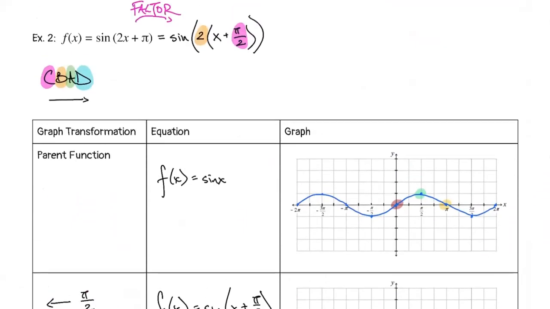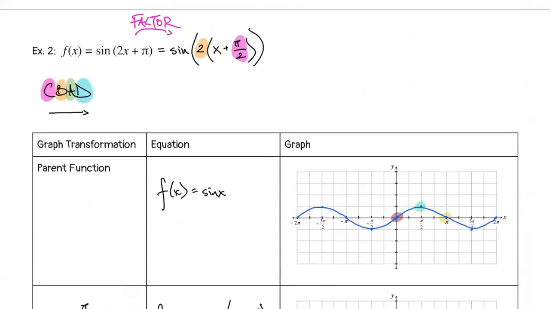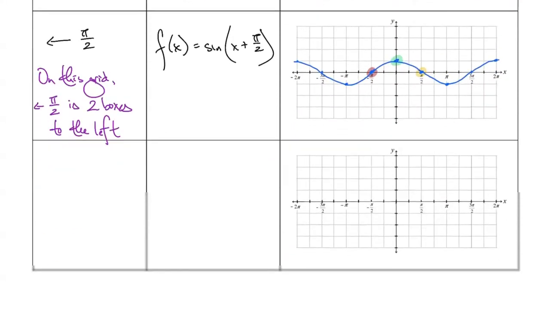All right, our next letter, we only had one more, which was 2. What does that 2 do? In other words, what does a b value of 2 do? Great.